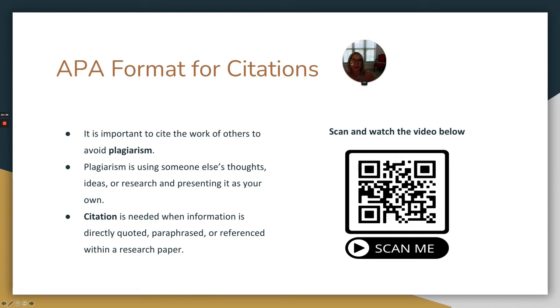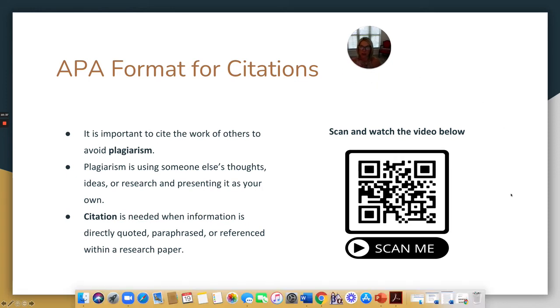And then when you think about citation, the reason that we use citation is that we have to cite the work of others. We are not able to take anything that somebody has written, their thoughts, their ideas, their findings, and present them as our own.